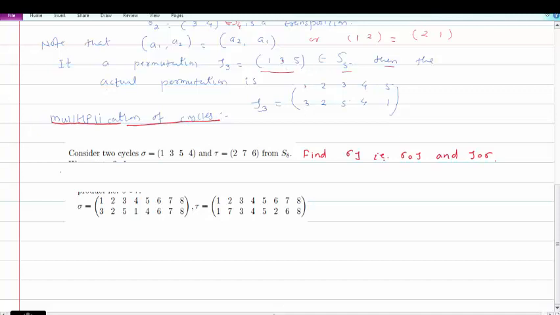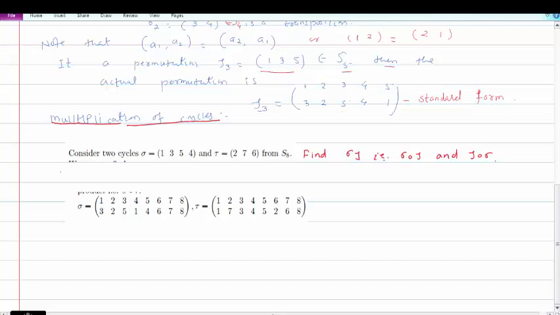Then 3 goes to 5, and lastly 5 goes to 1. So 2 and 4 are left fixed by this τ, that is 2 goes to 2 and 4 goes to 4. This is called the standard notation or standard form of a permutation.